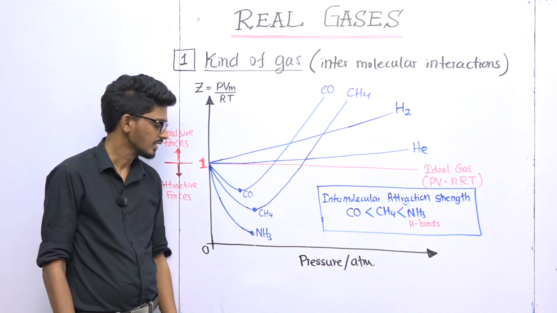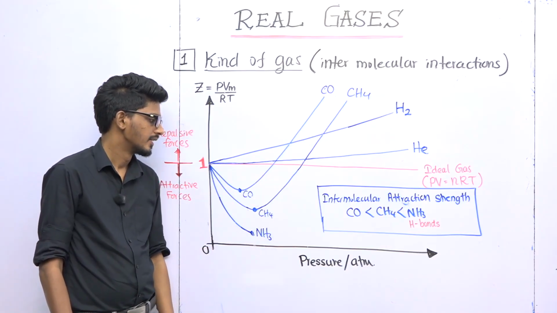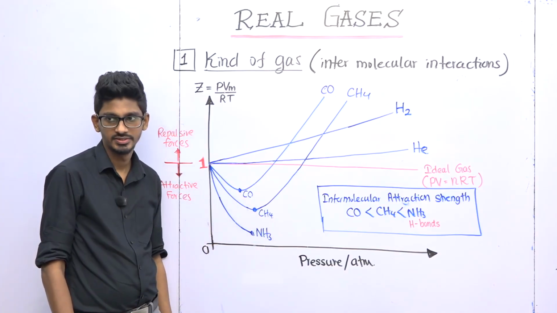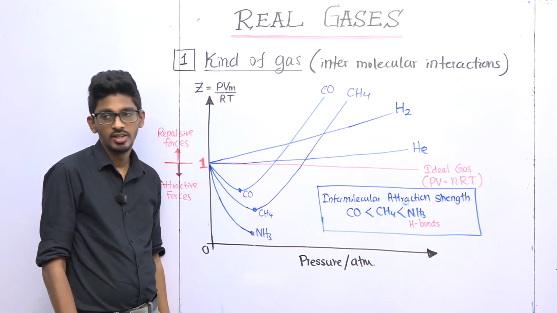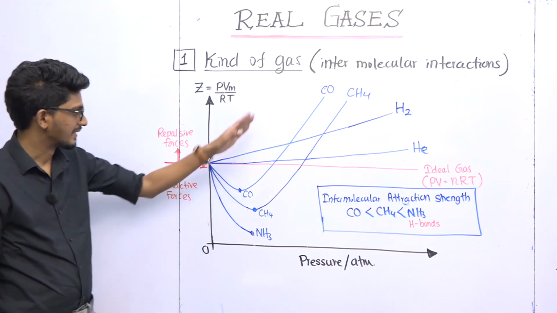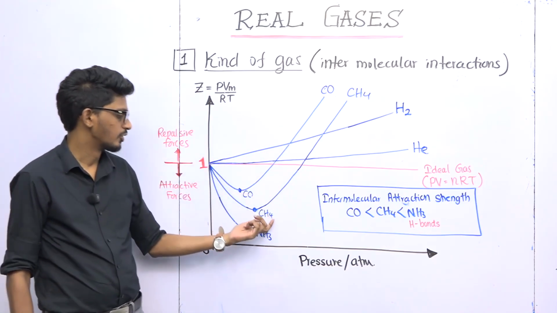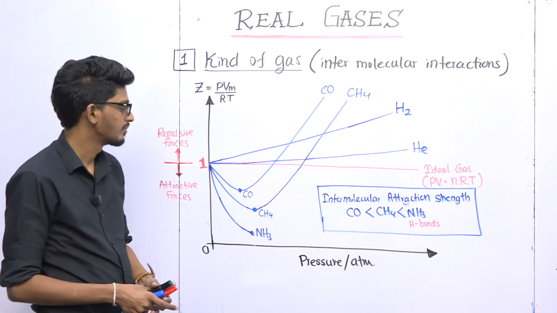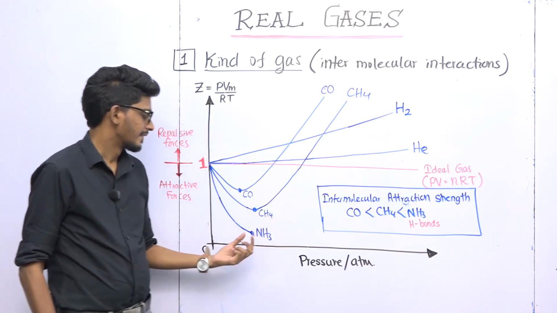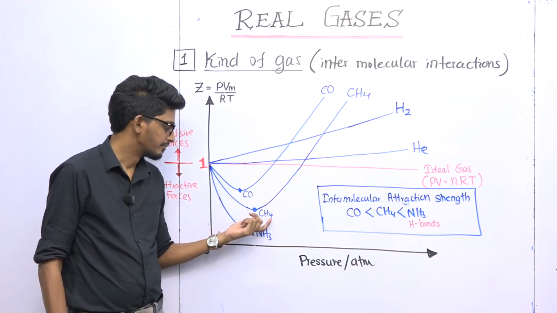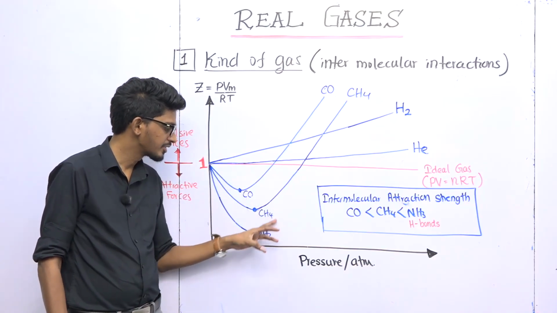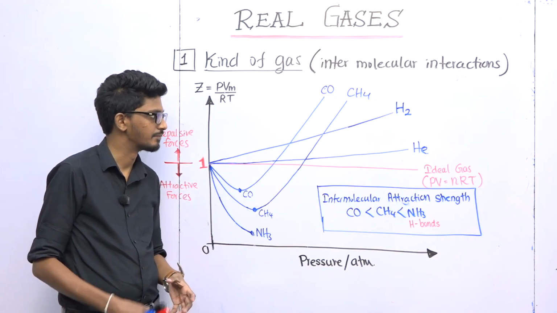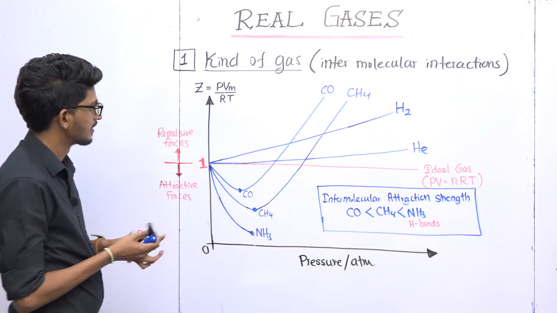Clear? Even though CH4 has the smaller weight, and carbon monoxide the greater weight, this curve says that CH4 has greater intermolecular interaction forces than carbon monoxide. Actually, that happens because of the asymmetric nature of CH4 molecules with the molecular vibrations, considering temperature.